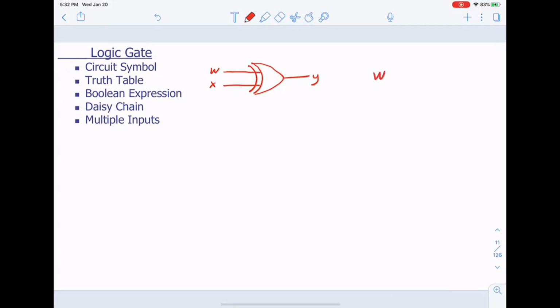So then you have the w and the x over here, and the output is over here. You count to 3 again, 0, 0, 0, 1, 1, 0, 1, 1. The output of this gate looks like this. That's odd.